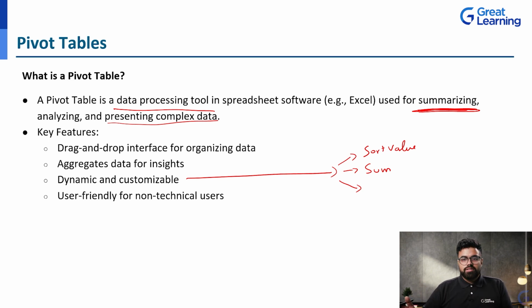You can have a second sheet in which the pivot chart or the pivot table is created. It's user friendly for non-technical users. The same task would otherwise involve a lot of process, but pivot tables make it a lot easier to segregate that data just by the use of a mouse. You do not need a keyboard to access that either. So it's that easy.